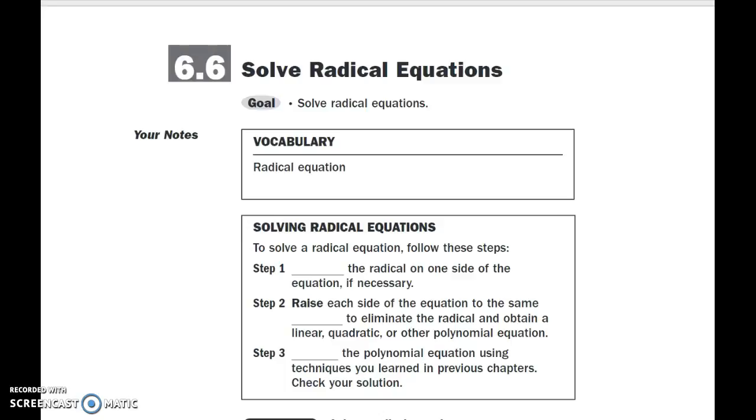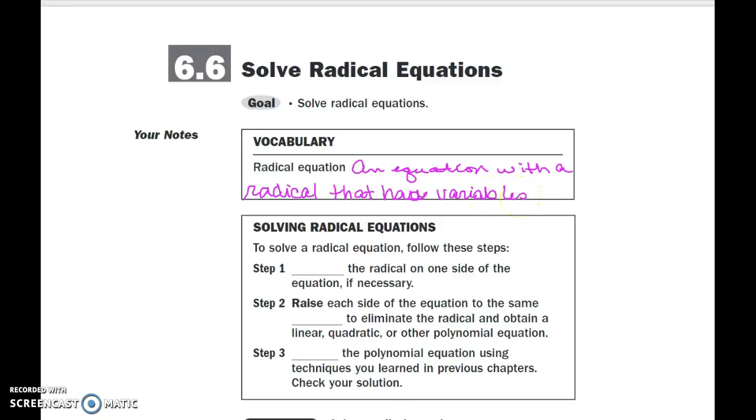A radical equation is an equation with a radical that has variables, and I'm writing variables.